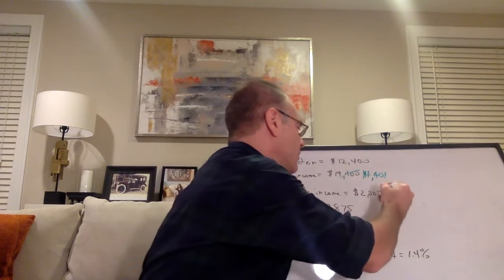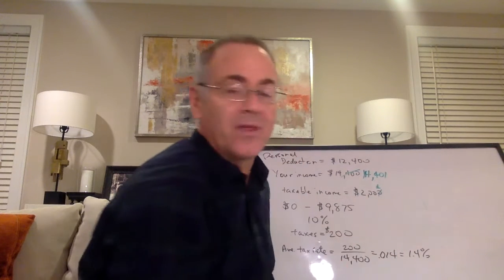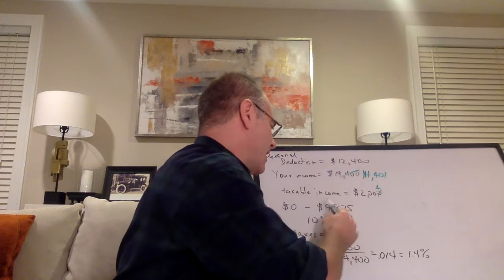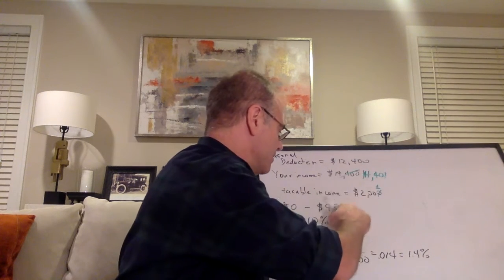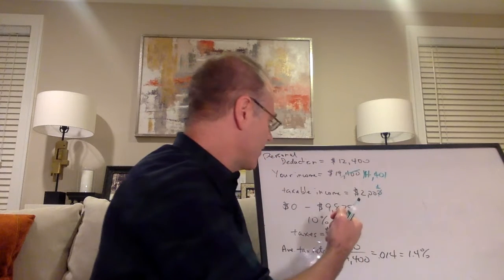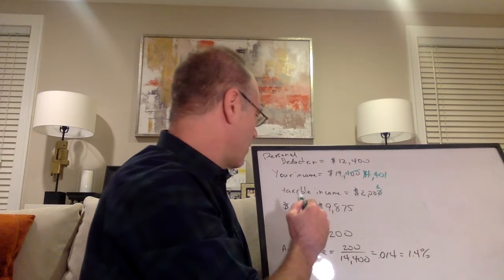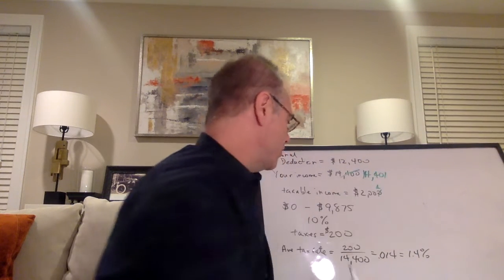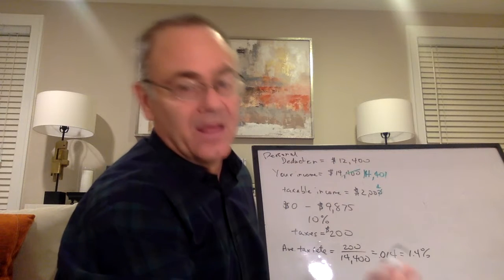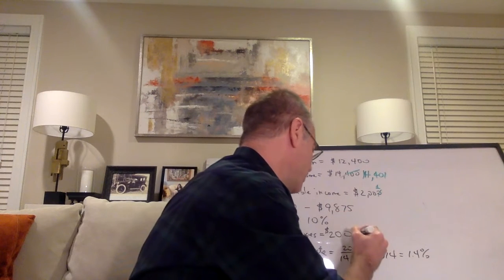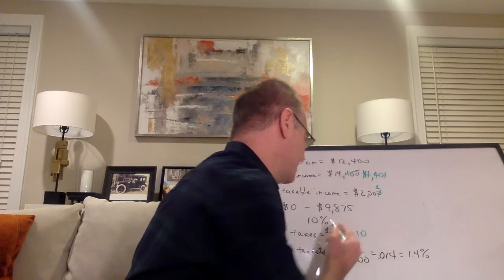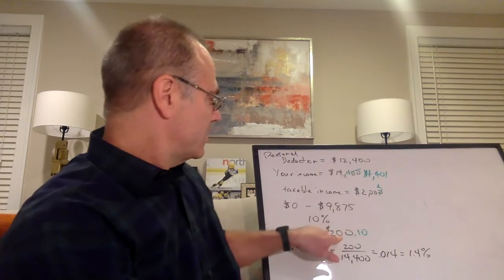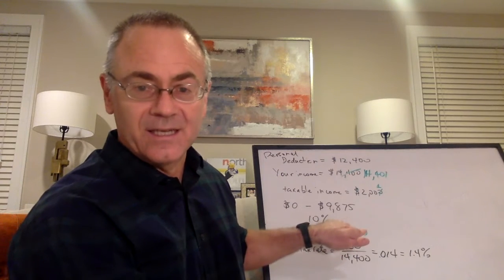That would mean your taxable income is $2,001. You still haven't gotten to the 9,875 mark. So what you would take is 10% of that 2,001, and that would equal $200.10.